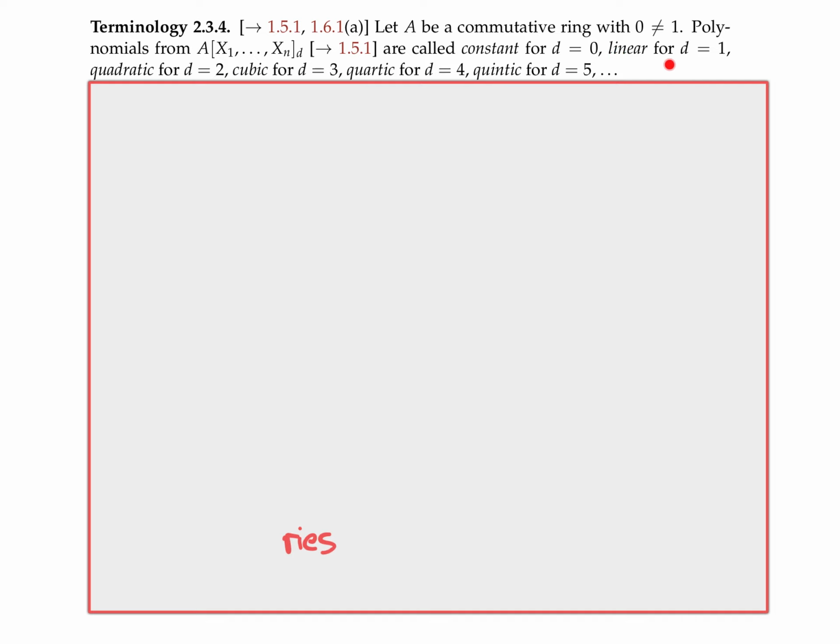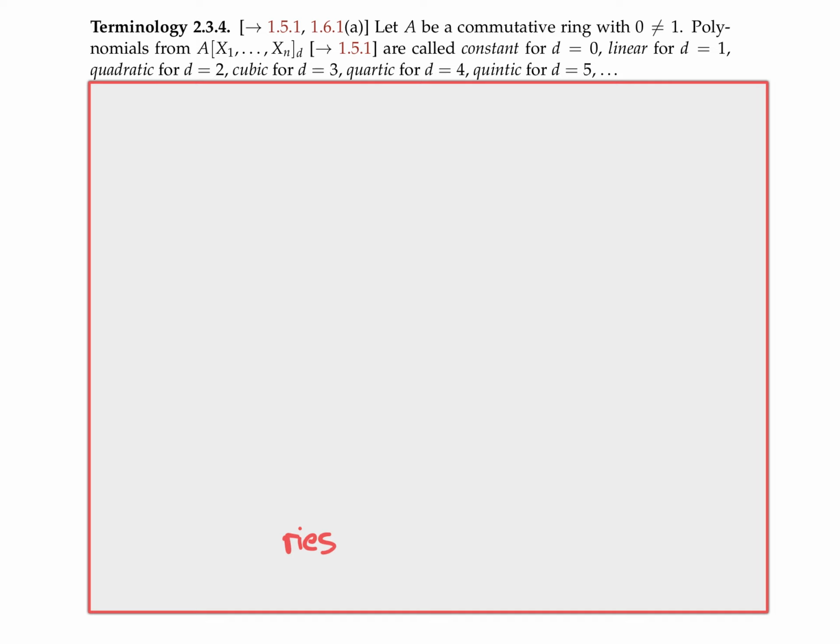I call it linear if the degree is at most 1, quadratic if the degree is at most 2, cubic if the degree is at most 3, quartic if the degree is at most 4, quintic if the degree is at most 5, sextic if its degree is at most 6, and so on. Right, that's just terminology.